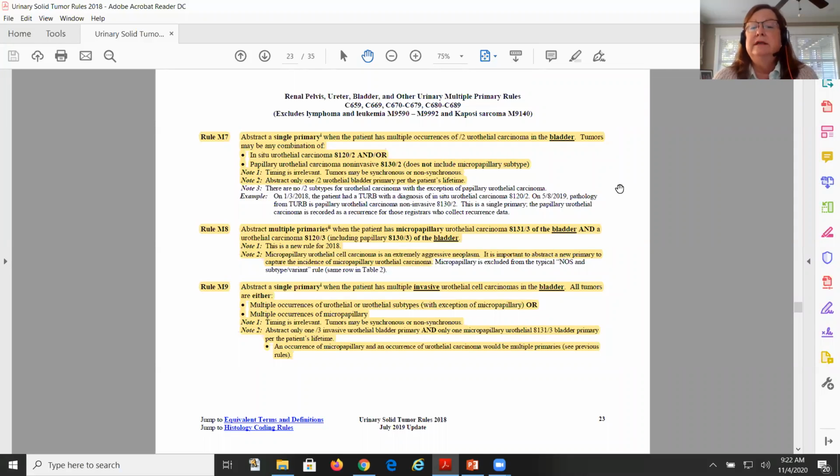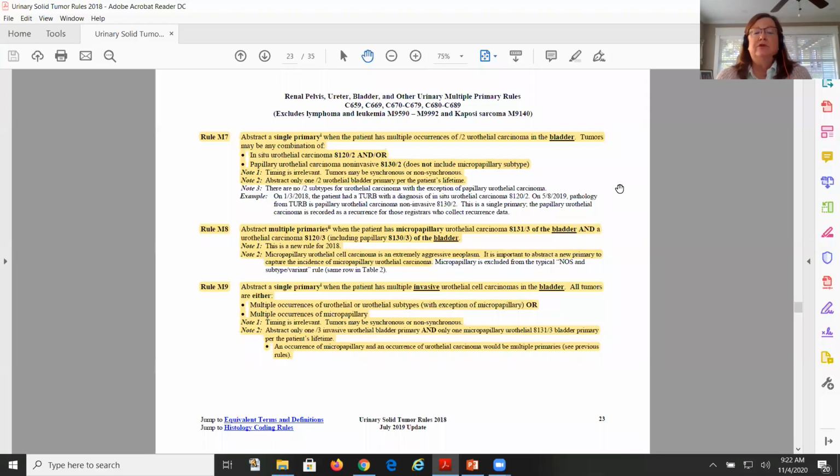This does not include micropapillary subtype. Timing is irrelevant. Tumors may be synchronous or non-synchronous. Abstract only one behavior /2 urothelial bladder primary per the patient's lifetime.